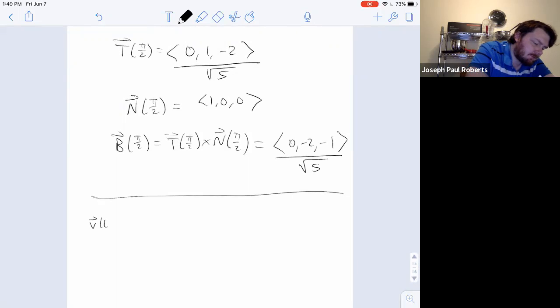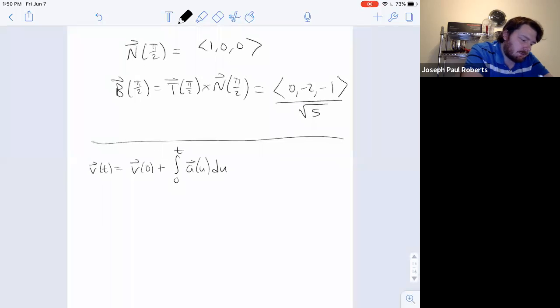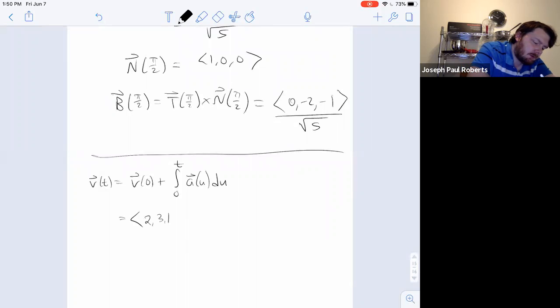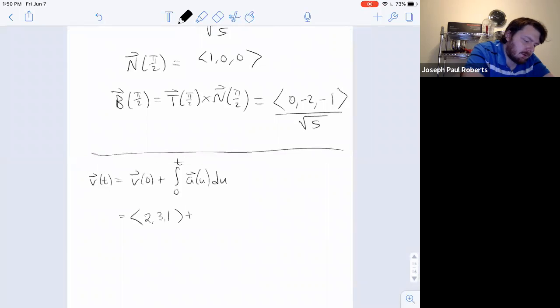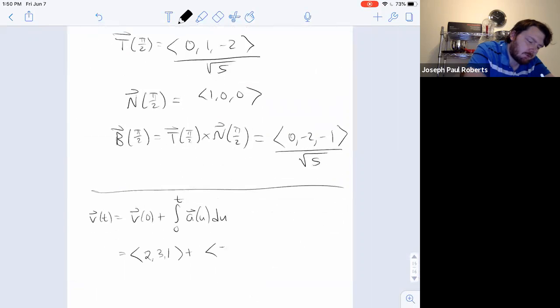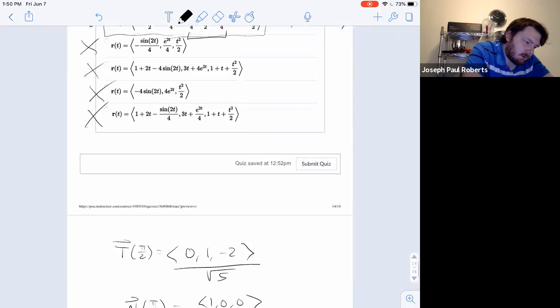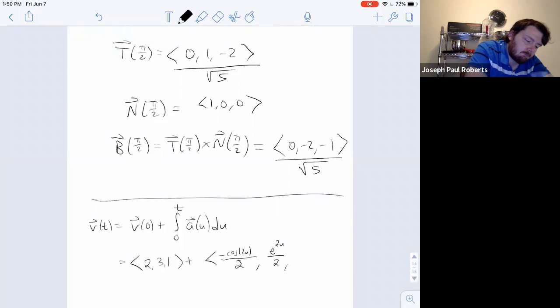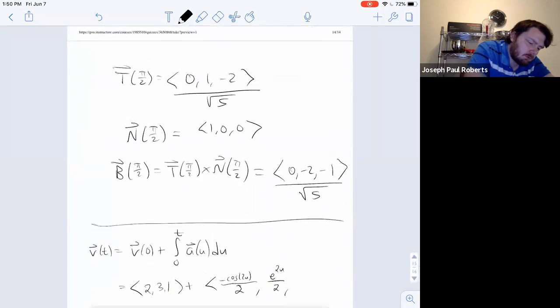So for example, you could do v of t is v of 0 plus the integral from 0 to t of a of u du. So v of 0 we told you was supposed to be 2, 3, 1. So 2, 3, 1 plus, if you do the antiderivative of acceleration, you'll get minus cosine of 2u over 2, and e to the 2u over 2, and then u.